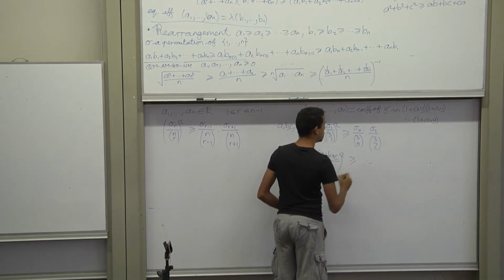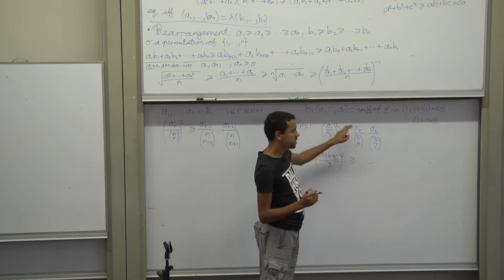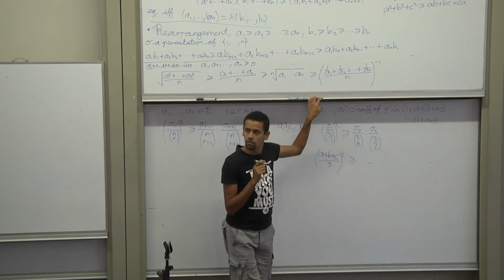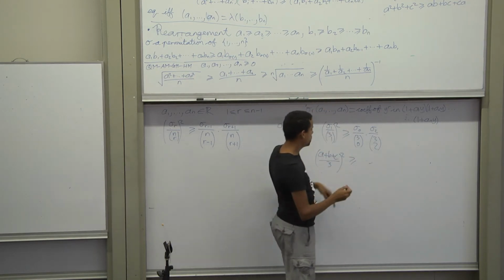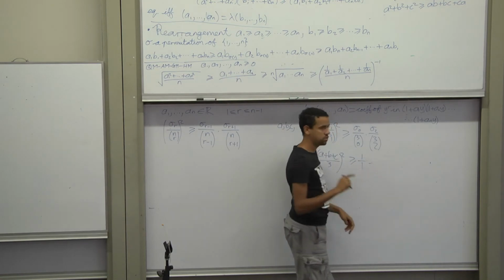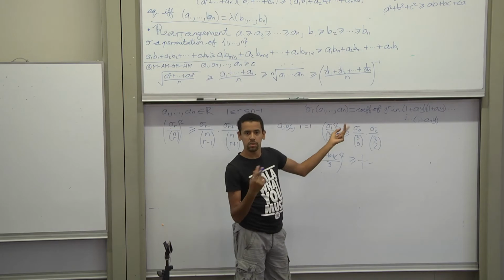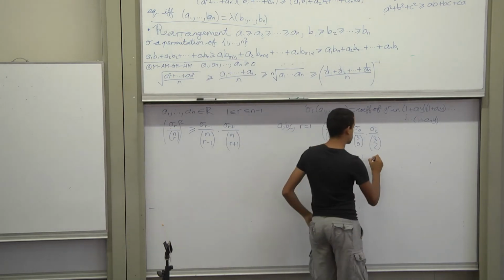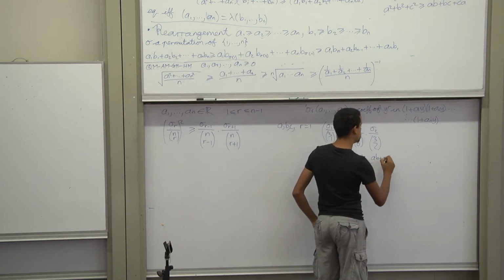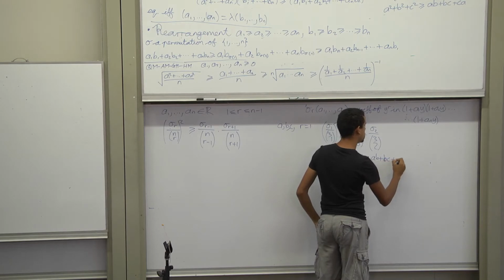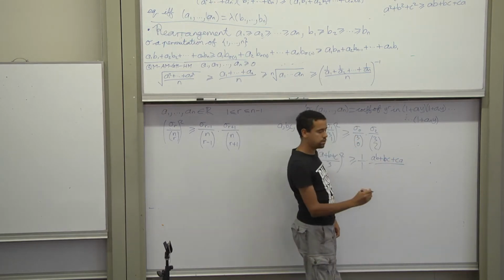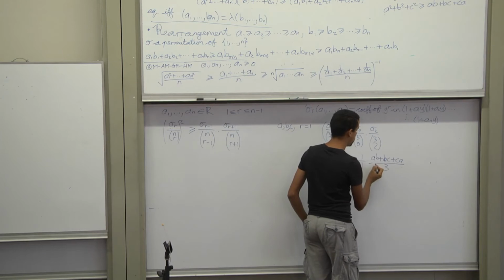squared is greater than or equal to, what's sigma 0? It's just 1, I think. Just 1 over 3 choose 0, which is 1. Sigma 2 is the product of two of them at a time. That's ab, bc, and ca over 3 choose 2, which is 3.